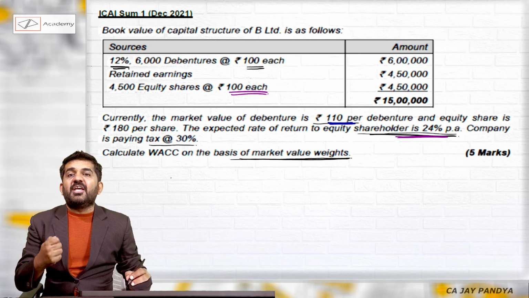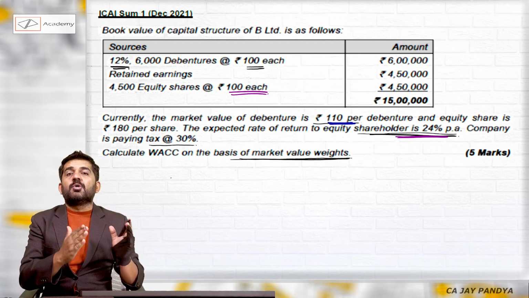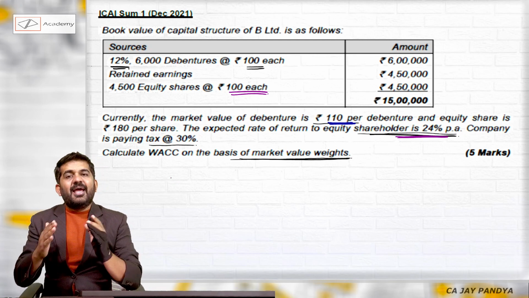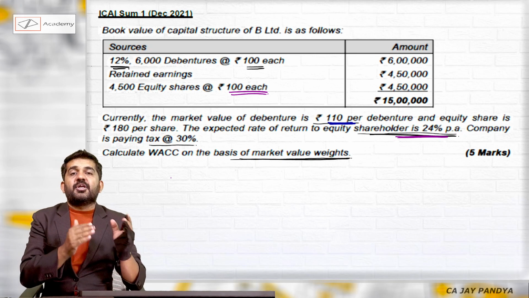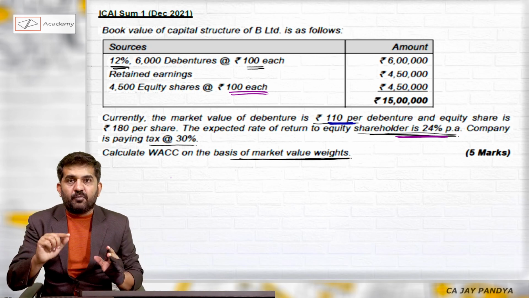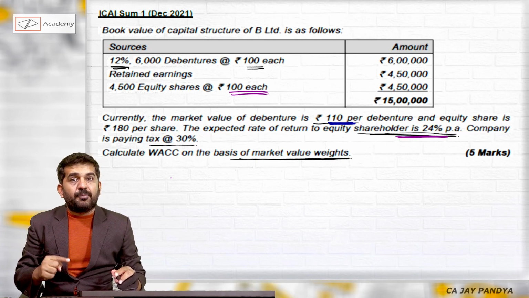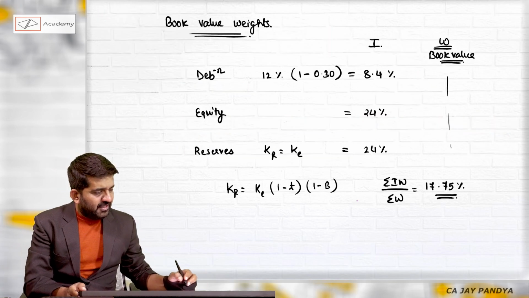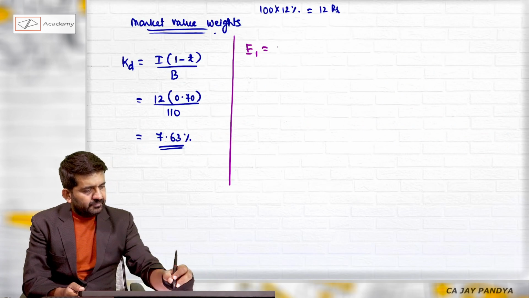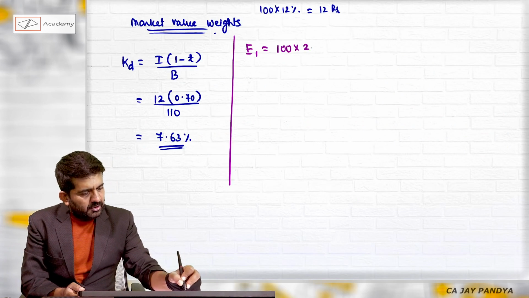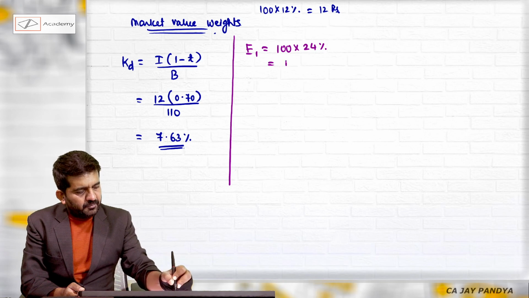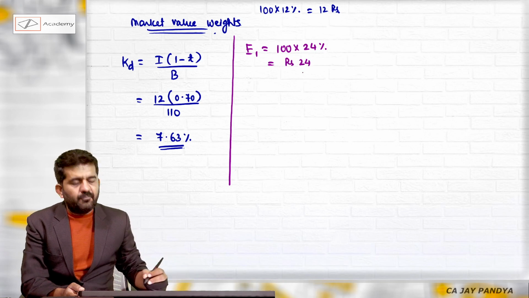Multiplied by 24% is the actual earnings of the company, and the equity shareholders require earnings and not dividend. So we are following the earnings approach. We are assuming that this 24% is on face value, and we are getting the answer: earnings is equal to 100 into 24%, which is rupees 24.